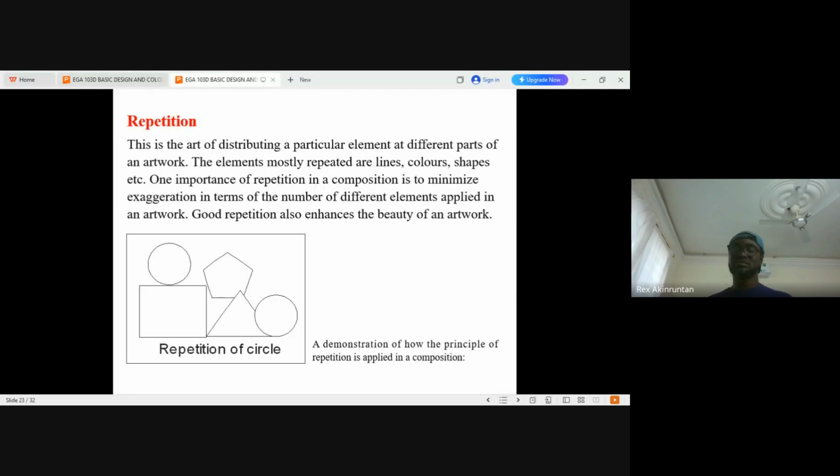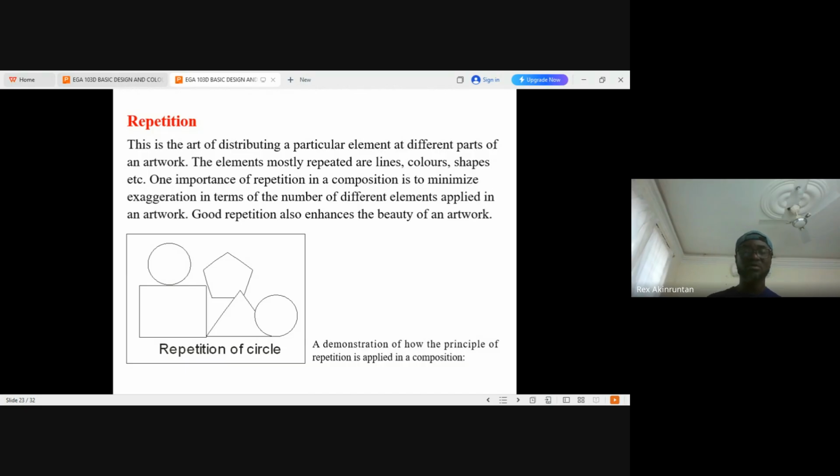When you put together a design and position one shape somewhere on the design, and you leave it like that, and you try to exaggerate by means of expanding it, it becomes boring.